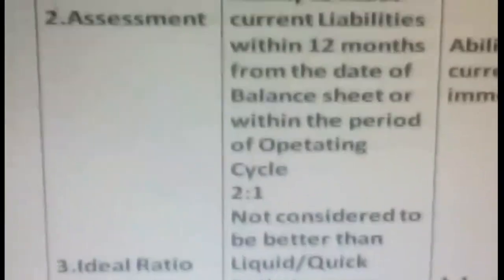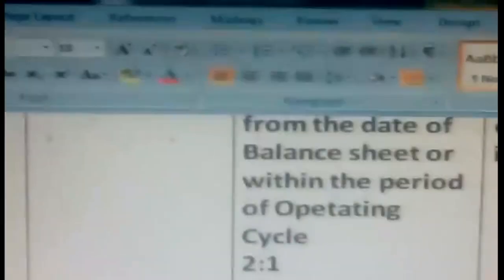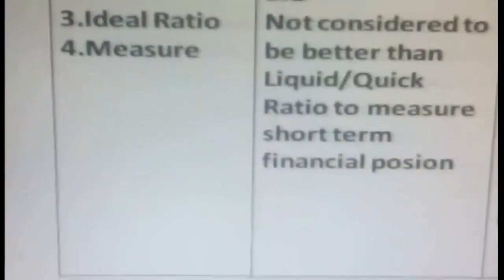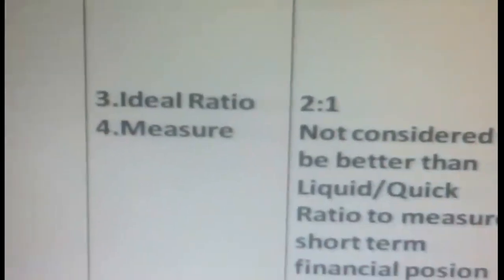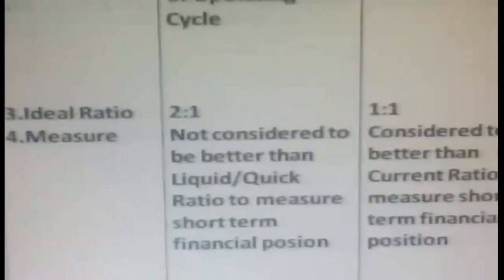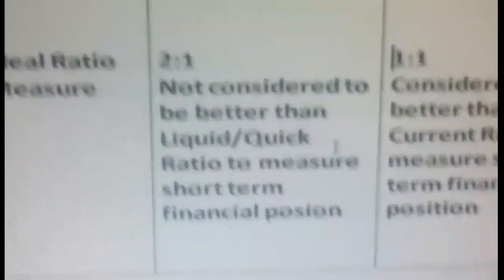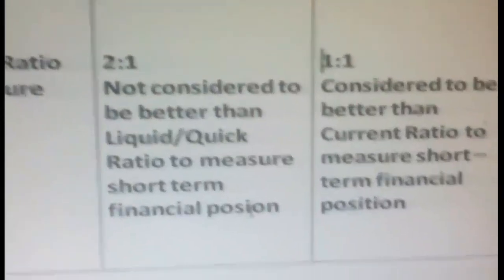Now the third important thing: what is the ideal ratio? For the current ratio, the ideal ratio is 2:1. Here, the ideal ratio is 1:1. Now the measurement. The current ratio is not considered better than the liquid or quick ratio to measure the short-term financial position. The liquid or quick ratio is considered better than the current ratio to measure the short-term financial position.